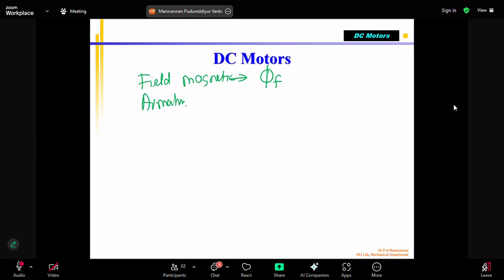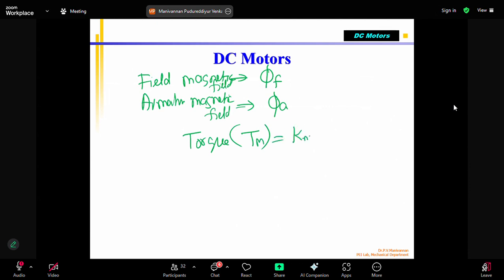Being an electromagnet, we say magnetic field: field magnetic field and armature magnetic field. This I represent by phi A. And I told yesterday the torque produced in the motor, I say capital T or TM, is equal to Km multiplied by phi F into phi A, where Km is called the motor constant.